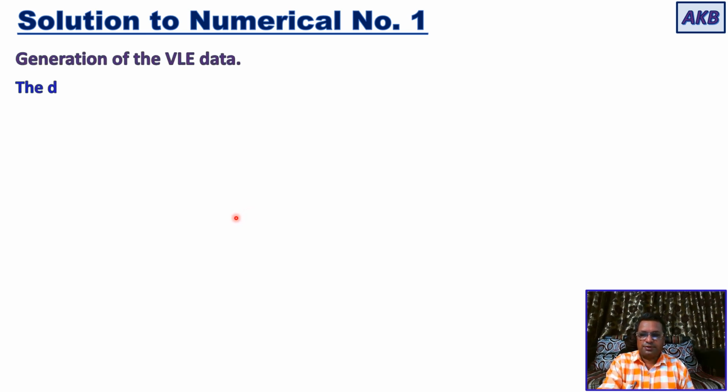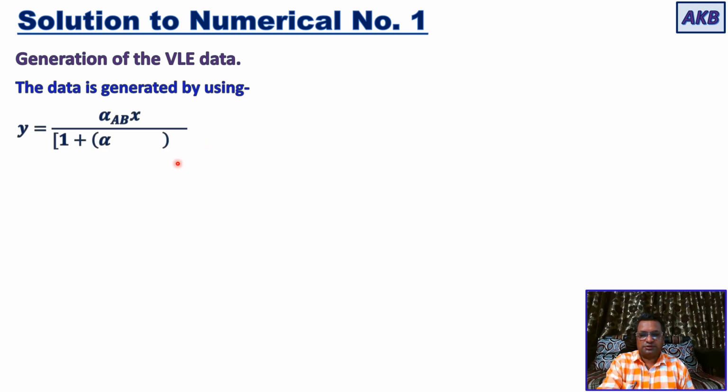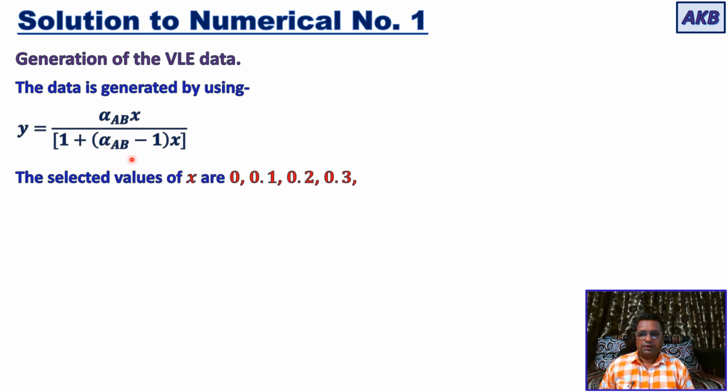Continuing with the step, I'm just again writing the equation that we are going to use. Equation is y is equal to alpha AB x divided by 1 plus alpha AB minus 1 into x. What values of x are selected? 0, 0.1, 0.2, 0.3, 0.4, 0.5, 0.6, 0.7, 0.8, 0.9 and 1.